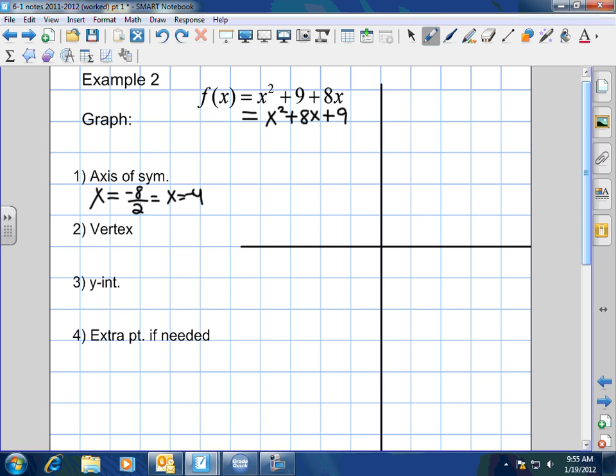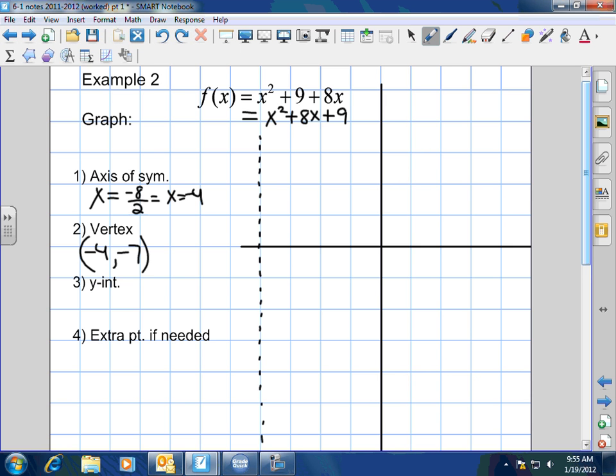So what am I going to do? I'm going to go 1, 2, 3, 4, and I'm going to graph my axis of symmetry. Now I'm going to find my vertex. My vertex is my negative b over 2a, which is negative 4. Negative 4 squared is 16. 16 minus 32 is negative 16. Negative 16 plus 9 is negative 7.